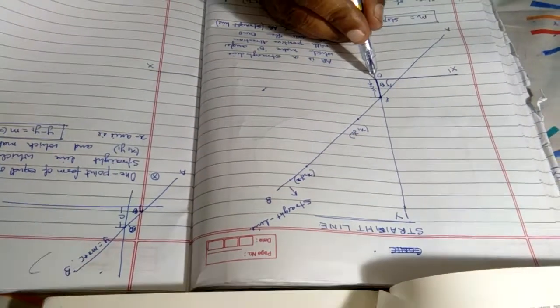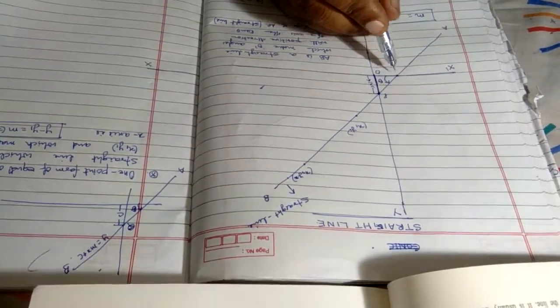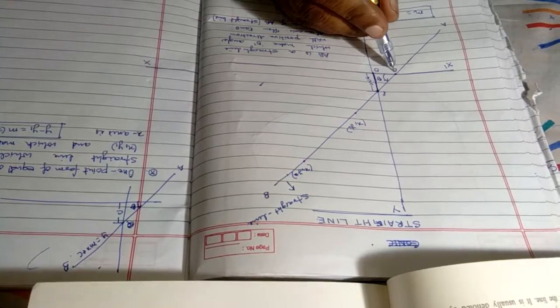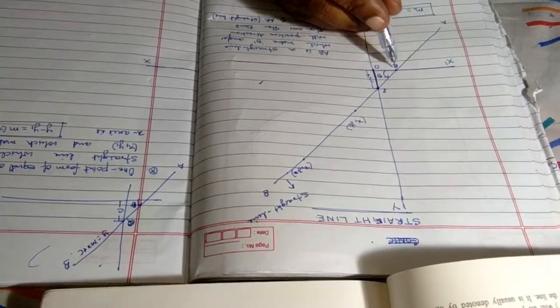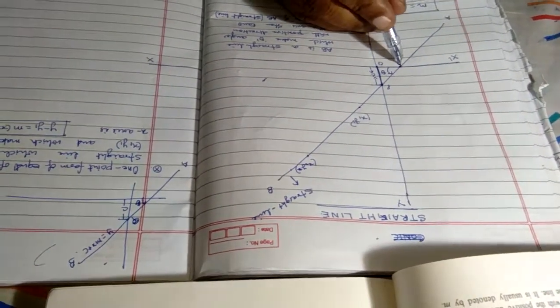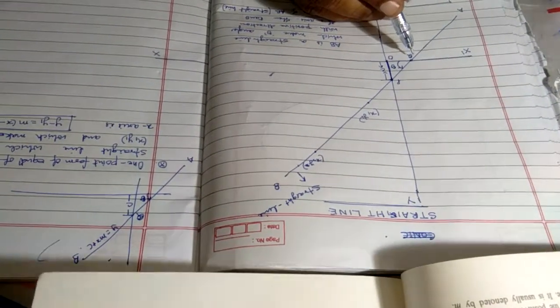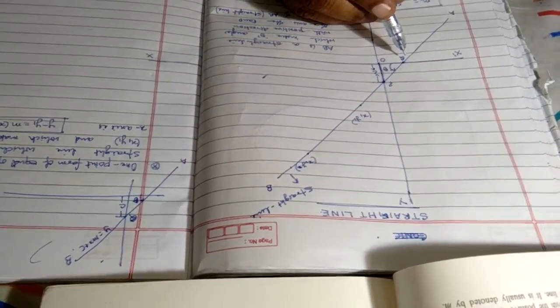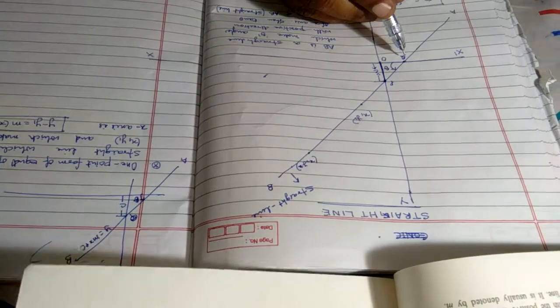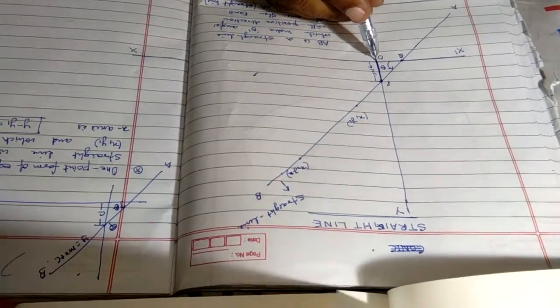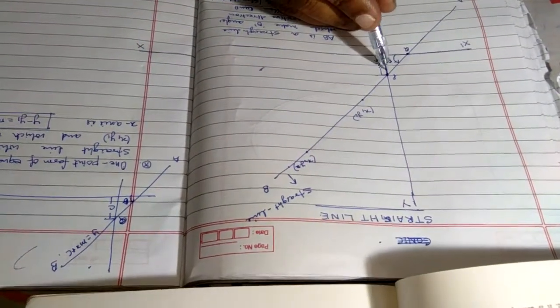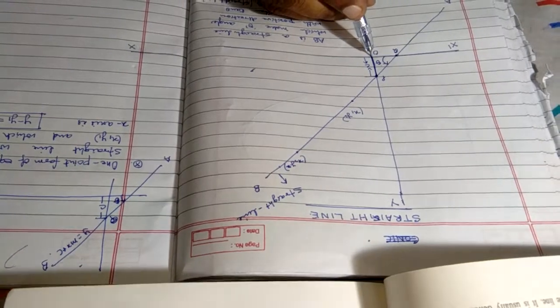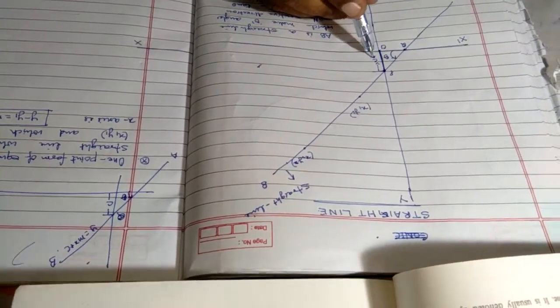Suppose that it is the Q I have taken, so OQ is the distance from the origin to the point of intersection of the straight line with the x-axis, then this distance is known as x-intercept, and OP is the y-intercept.